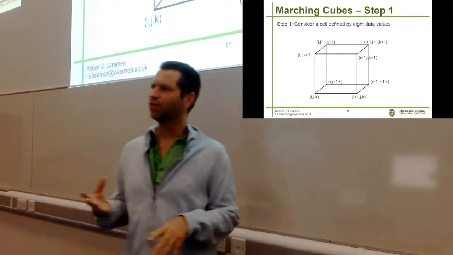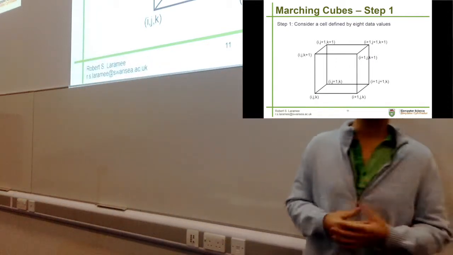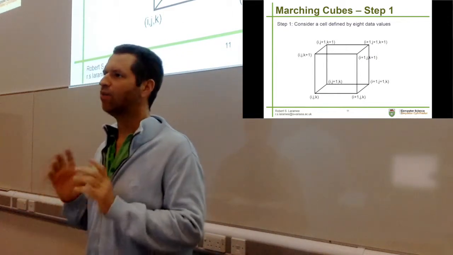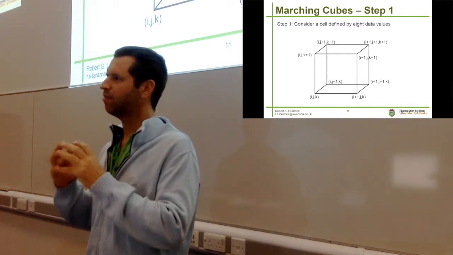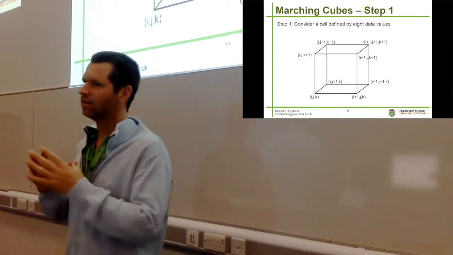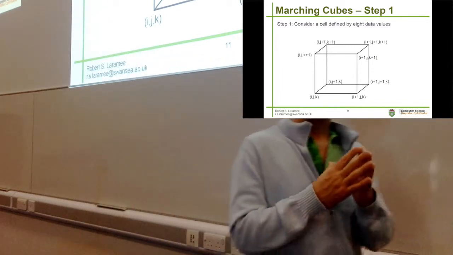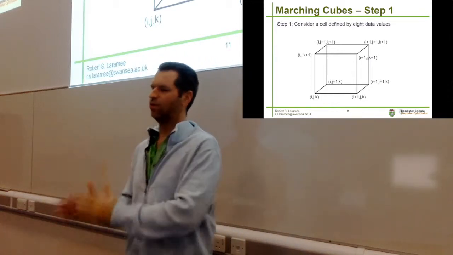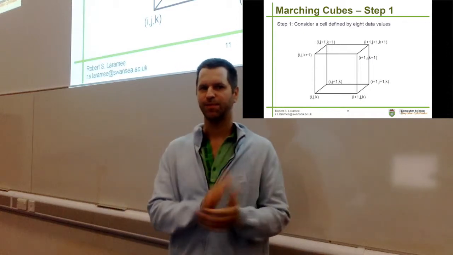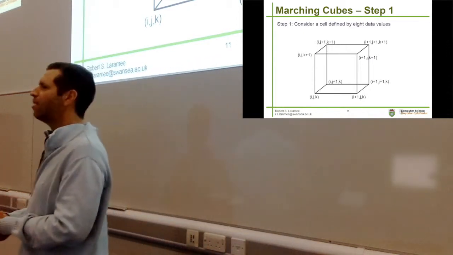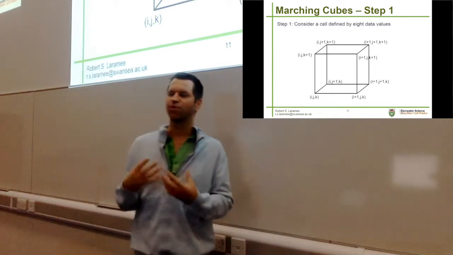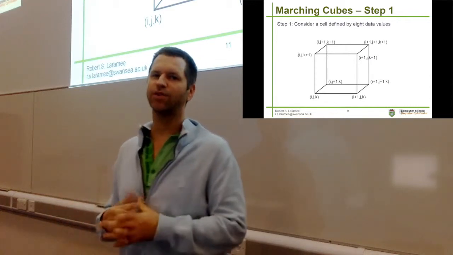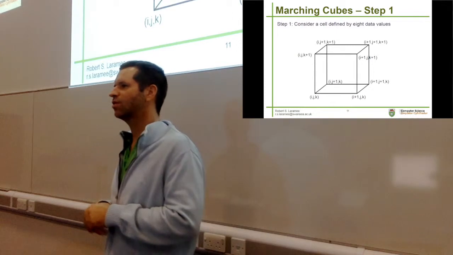One of the great strengths of the marching cubes algorithm that makes it so popular is that you only technically need one cube of data in memory at one time. In practice, it's not that way. In practice, you load in 2 slices of data from the volume, and you swap in and out slice by slice. So it's very, very good with memory management. So we can process arbitrarily large data sets and generate very large isosurfaces. This is one of the reasons it's so popular.